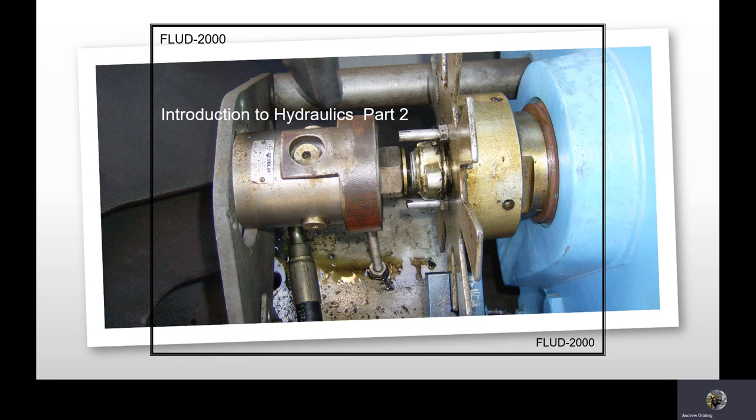You can get speed, you can get power, you can get excellent placement. All of these are properties that can be brought out in a hydraulic system depending on how you manipulate the fundamentals. That's what we're going to be talking about today, some of the fundamental science behind how hydraulics work.